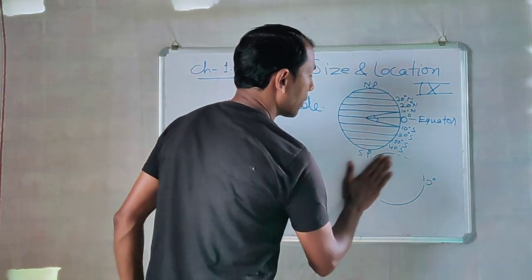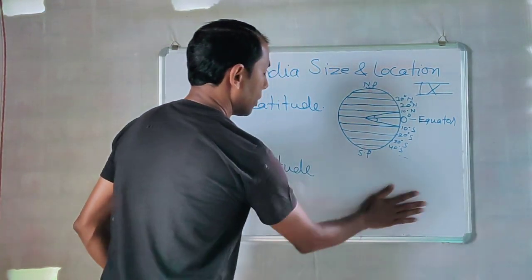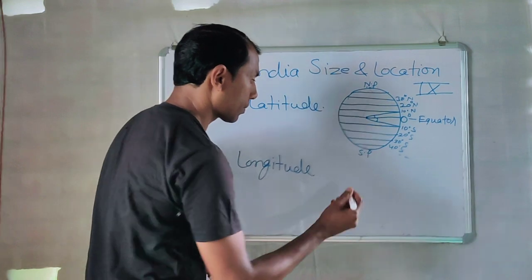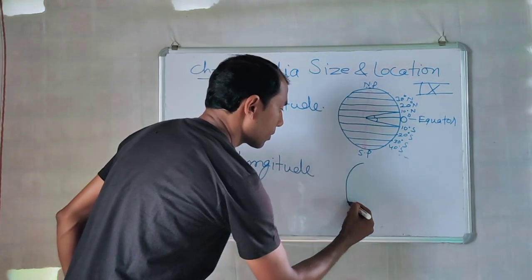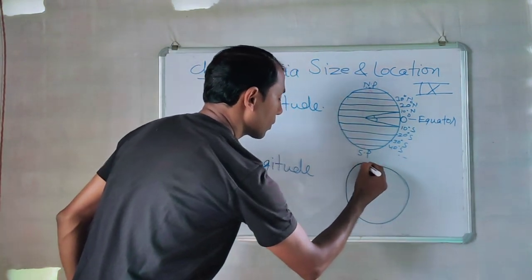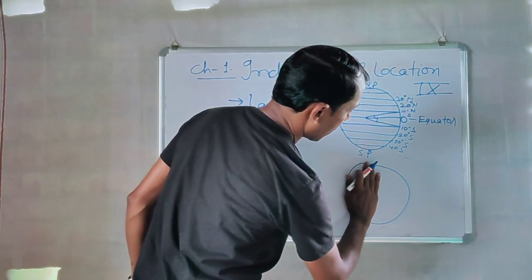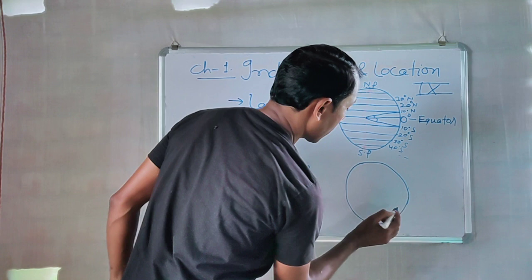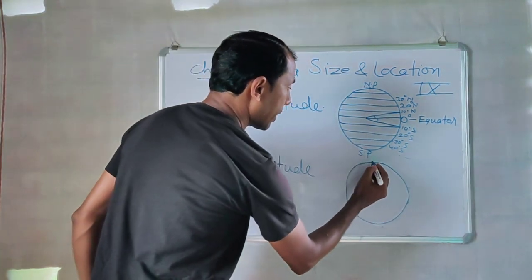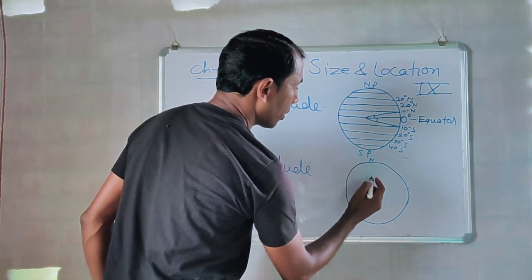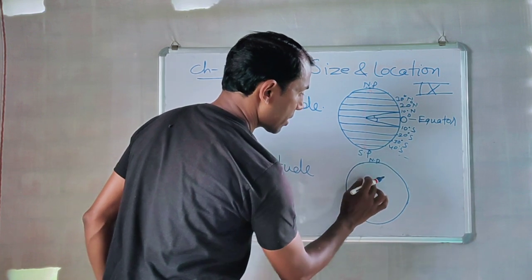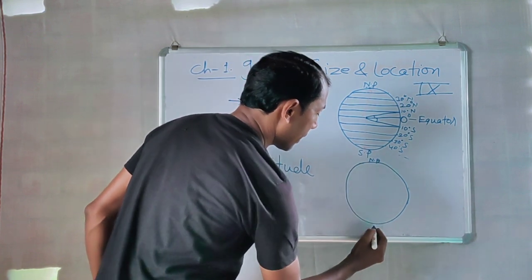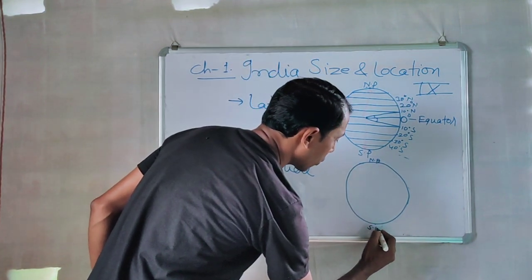See, its shape should be like this ball. Here is a north pole, NP, and there is a south pole.